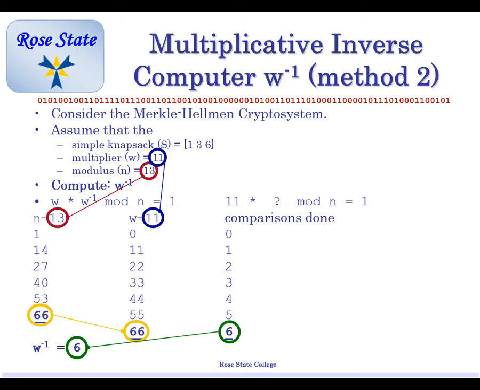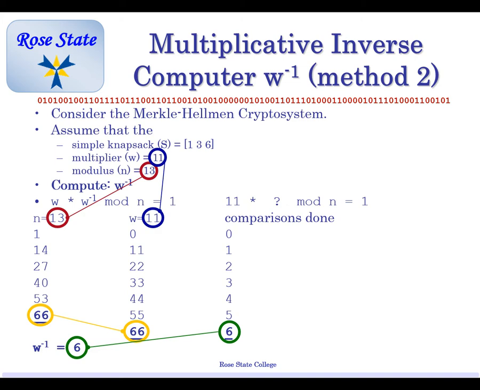What you do is you write down N, W, and C for N, W, and the number of comparisons. Then below that, you put 1, 0, 0. Everybody okay so far? You always write 1, 0, 0.